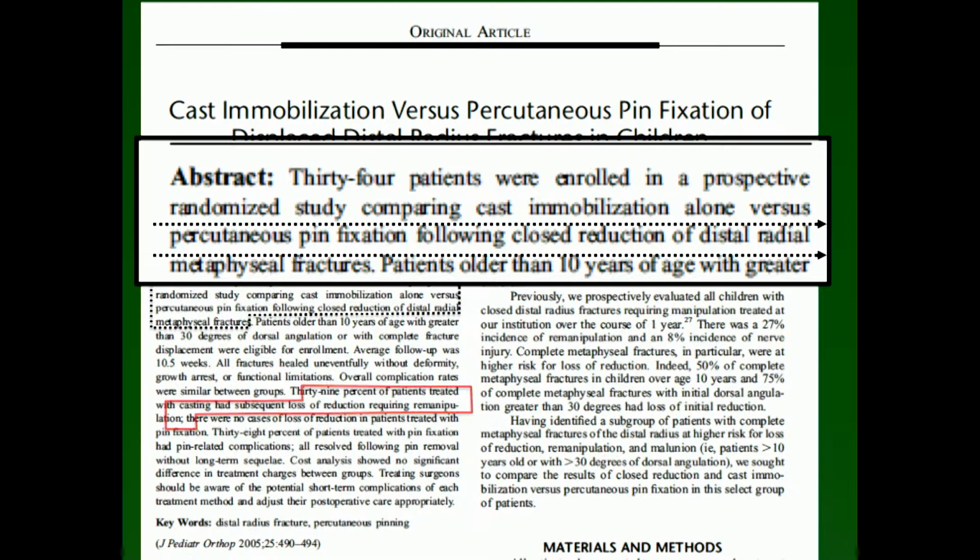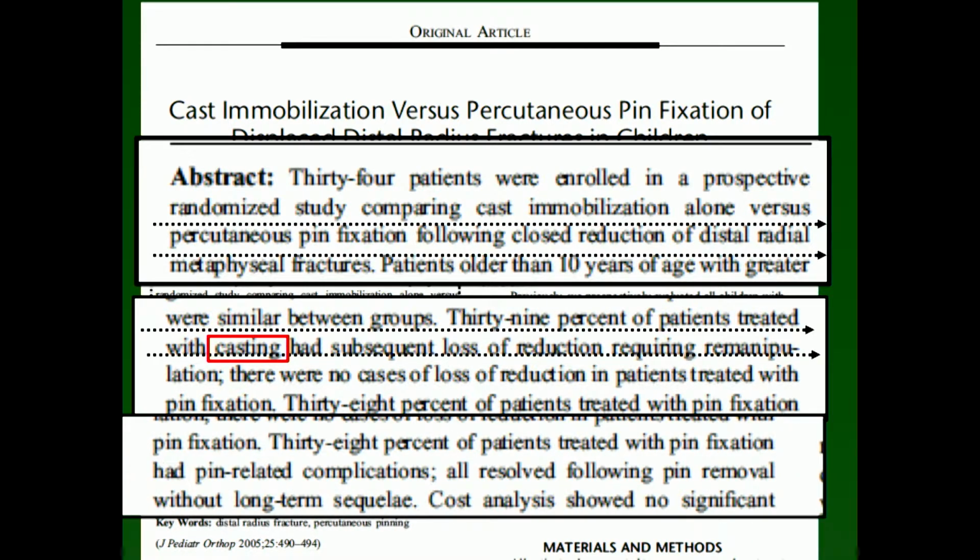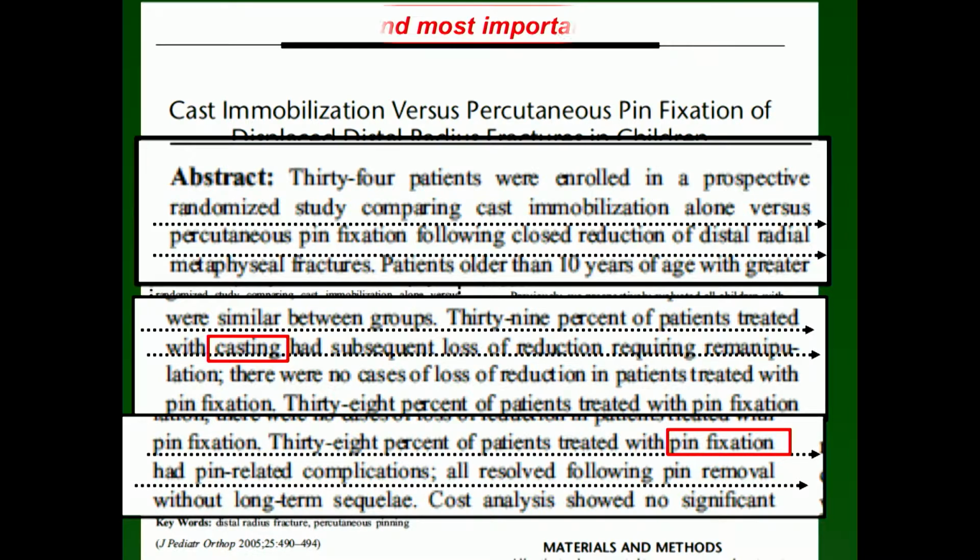They found that 39% of the patients with casting had loss of reduction. Those treated with pin fixation had minor problems, and all resolved following pin removal without long-term sequelae.